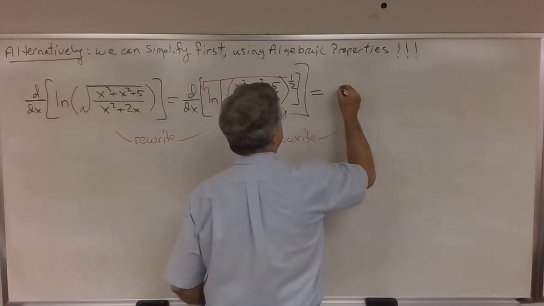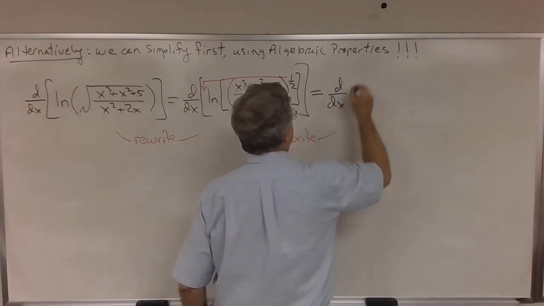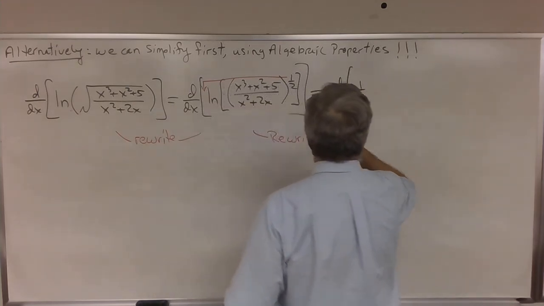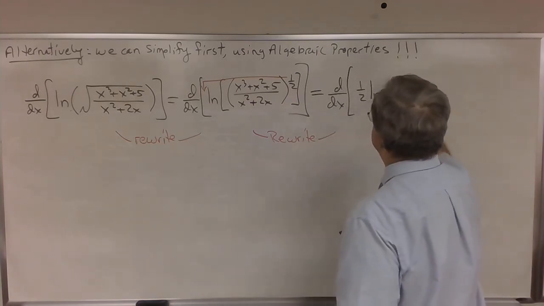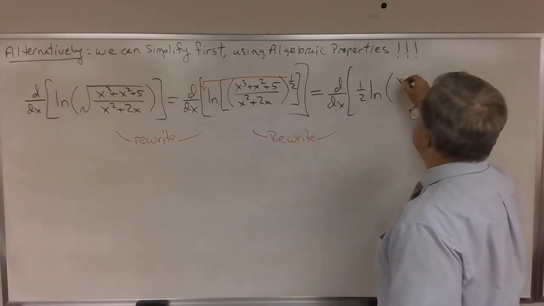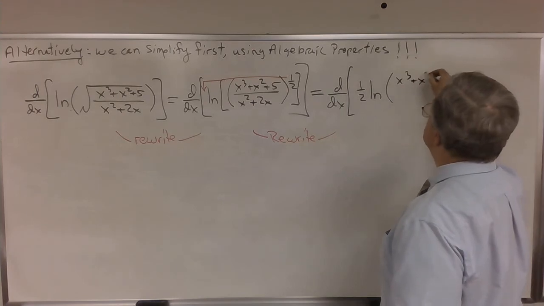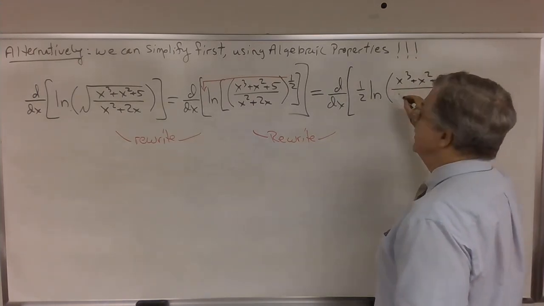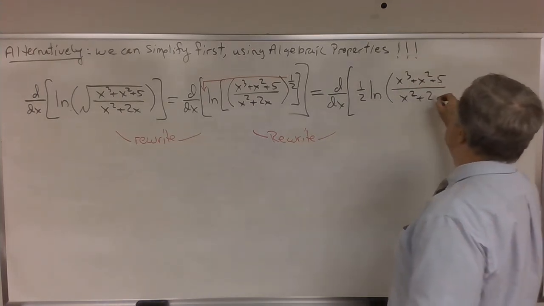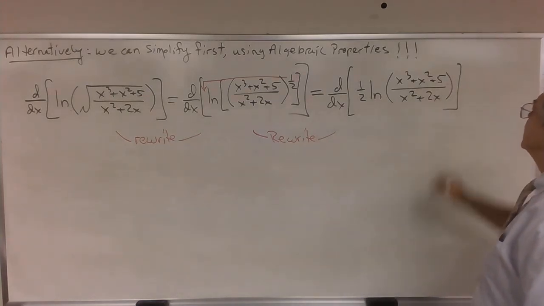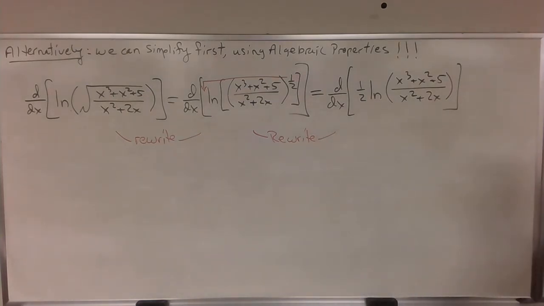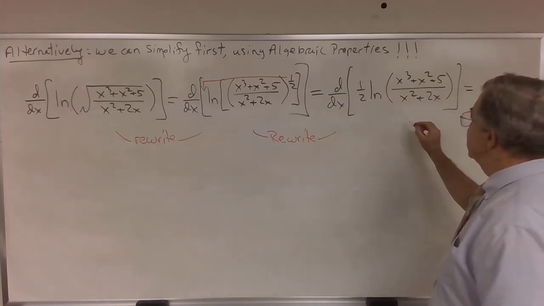So I'll have the derivative of 1/2 natural log of x cubed plus x squared plus 5 over x squared plus 2x. Well, it's still not simple, but it's simpler than it was. And you know what? I'm on a roll. Why not rewrite it again?